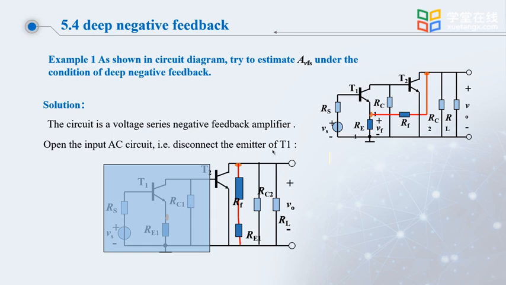According to it, when the deep feedback condition is satisfied, AXF equals 1/2 of the feedback factor, or AXF equals 1/3 of the feedback factor. That is, the closed-loop source gain is equal to 1/2 of the feedback factor. We need to know exactly what its X is.